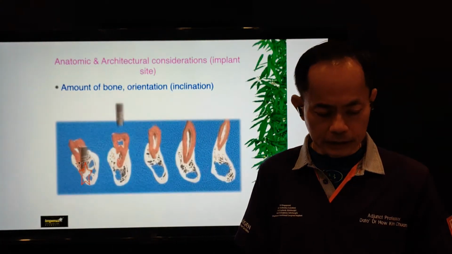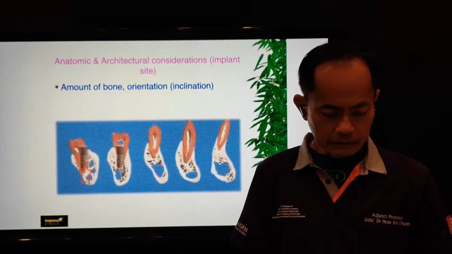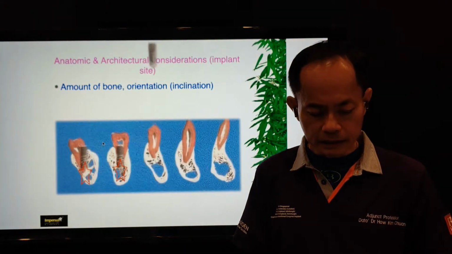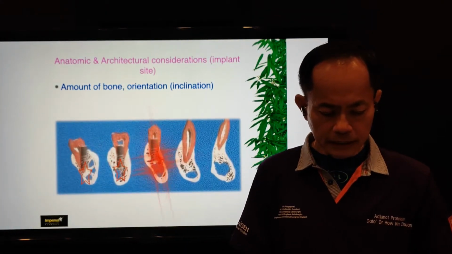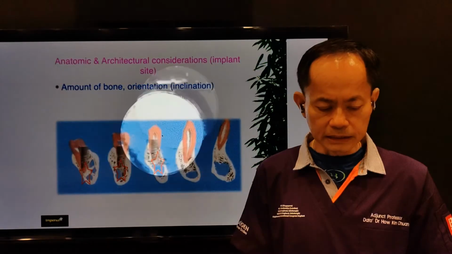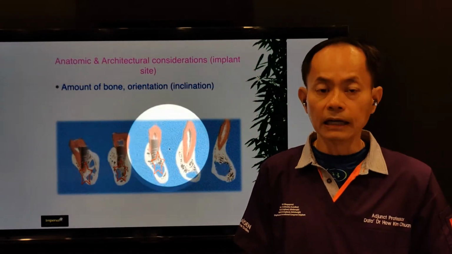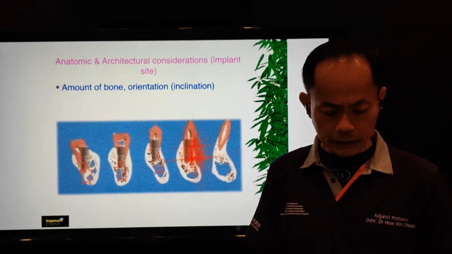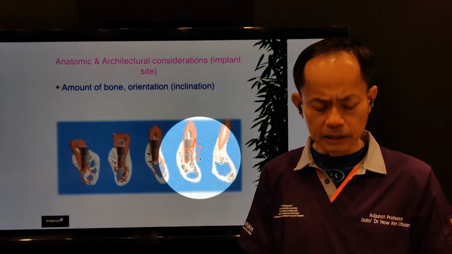Or if we put it here and go deeper, we may hit the nerve. Or if we look at it this way and go deeper, it will hit the vessel and cause a lot of bleeding. And if we go this way, it will hit the side of the wall here.